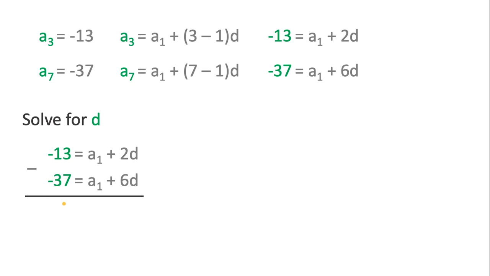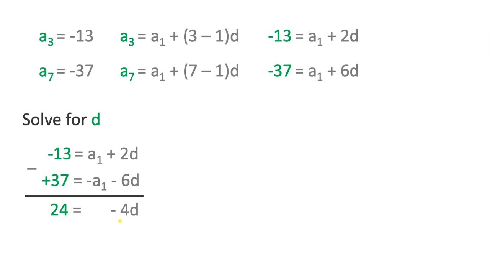So negative 37 will become positive 37. Positive a sub 1 will be negative a sub 1. And positive 6d will be negative 6d. The answer for negative 13 and positive 37 is 24. We cancel a sub 1 and negative a sub 1. And positive 2d and negative 6d is negative 4d.